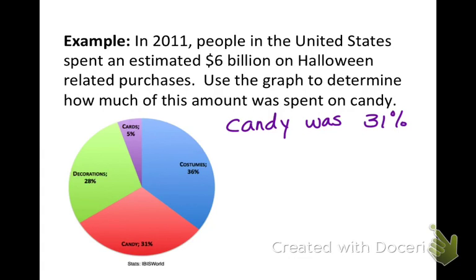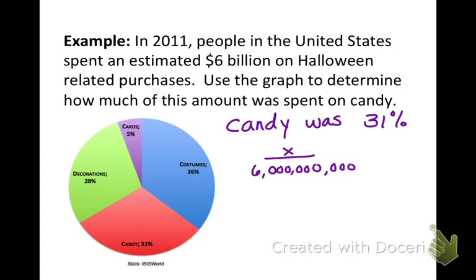All right. So if candy was 31% of the whole, and the whole was 6 billion, let's do our percent equation. Where's the x going to go? Part, whole, or percent? Part. On the bottom is 6 billion. How many zeros is that? 6 would get me to 6 million, so I need another 3 to get to the billion.